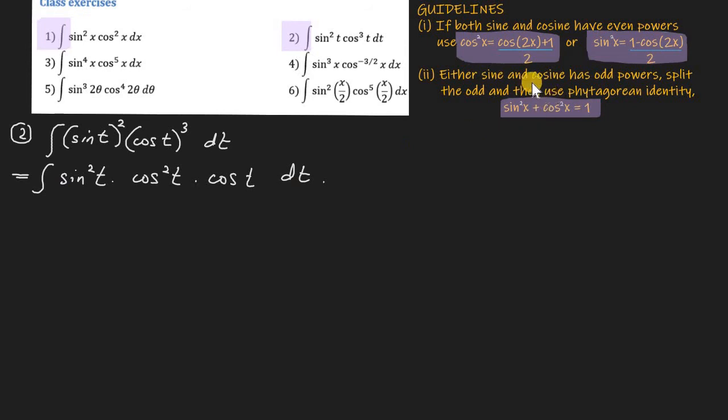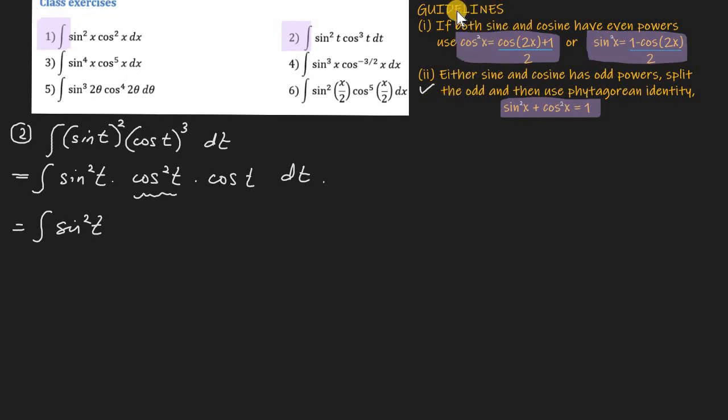And after you have power 3 there, consider using this Pythagorean identity for this portion. So let me write it back. Whenever you see an even power and odd power, which one to start first? I guess we have to start with this case 2 first.